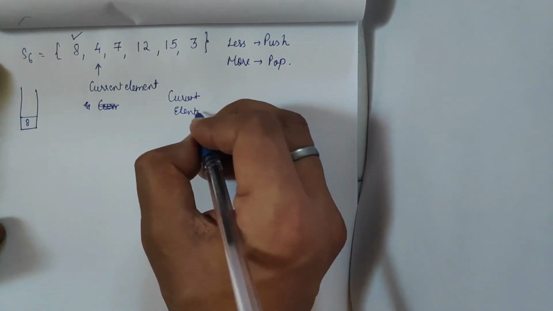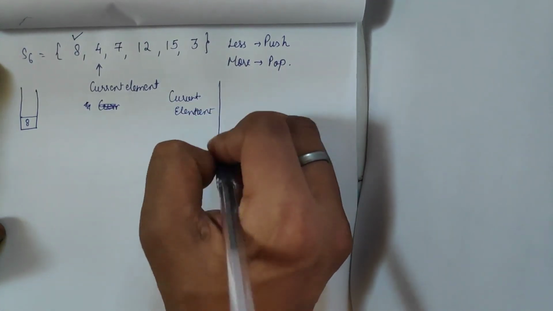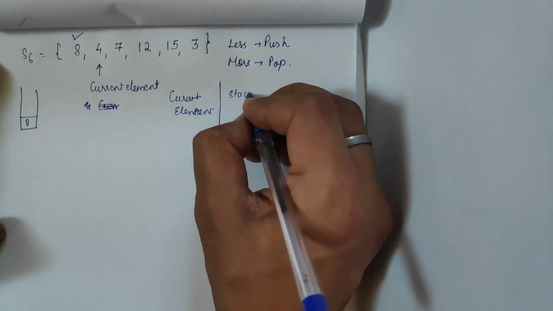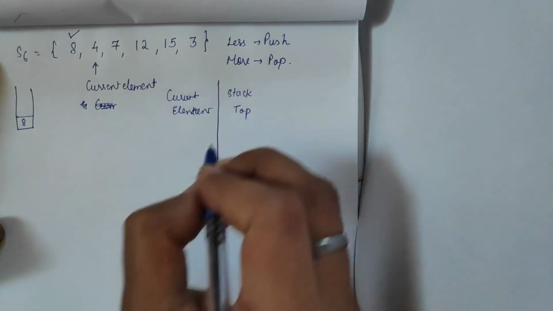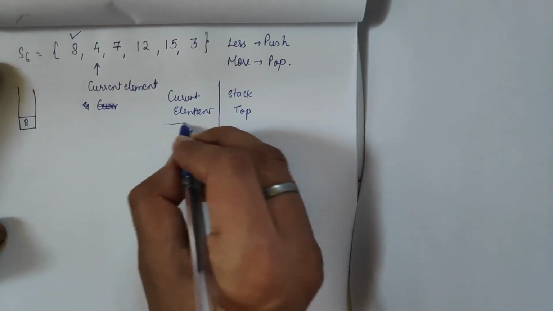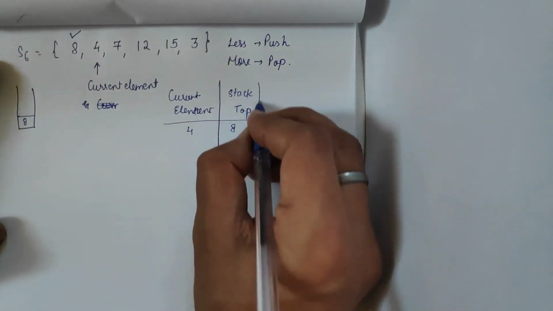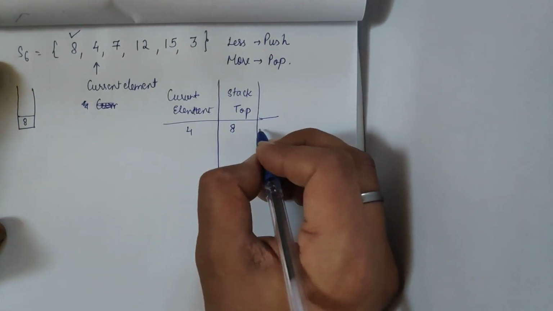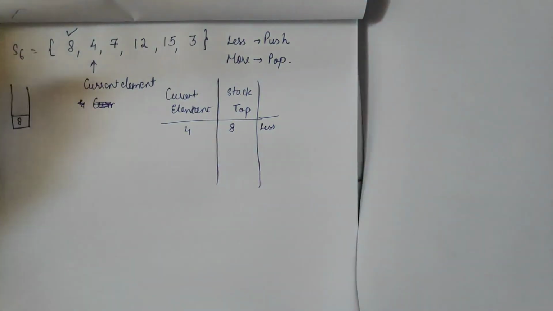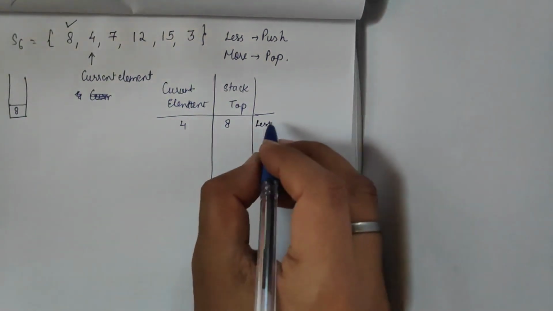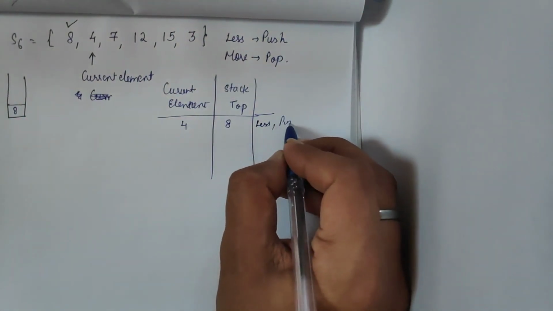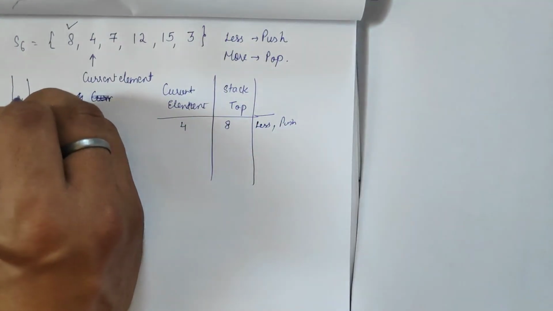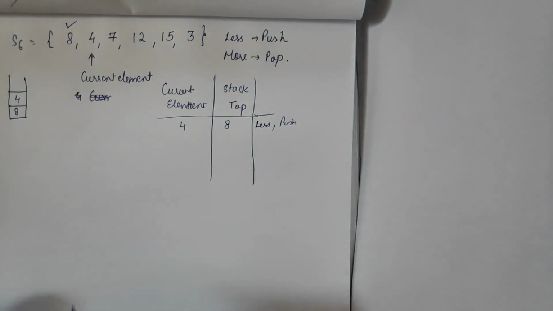Current element and stack top. So current element is 4, stack top is 8. So what we will do, it is less, so push. So what happens, we push 4 onto the stack.